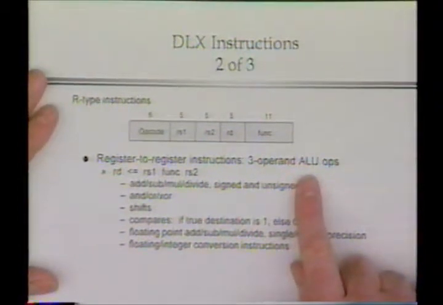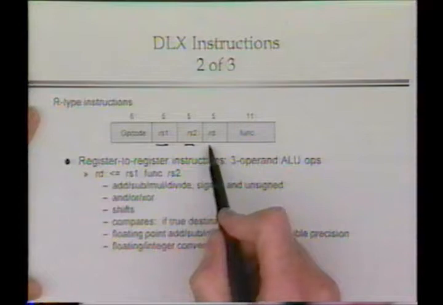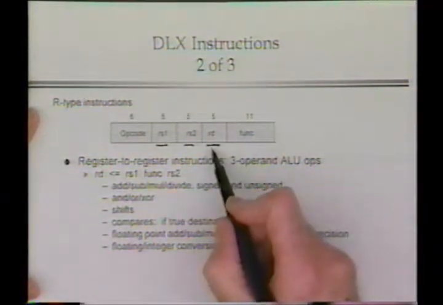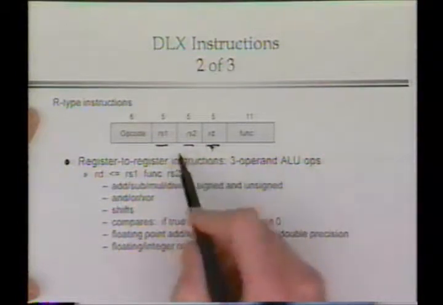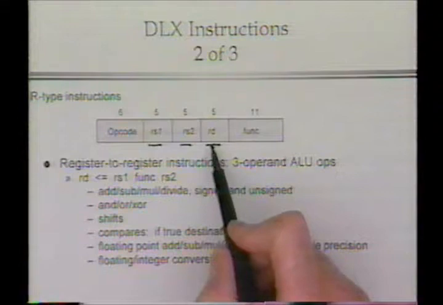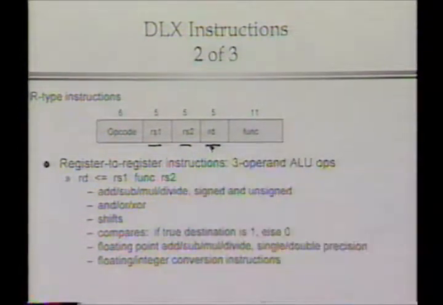Okay, these were the instructions you were just asking about, in fact. These are the traditional 3-operand ALU operations. You specify 2 source operands and 1 destination operand, and all of them are register numbers. Notice, in fact, that the destination register in this case moved from where it was in the previous format to someplace else. It couldn't have been here in the previous format because we needed all of these 16 bits for the immediate field.